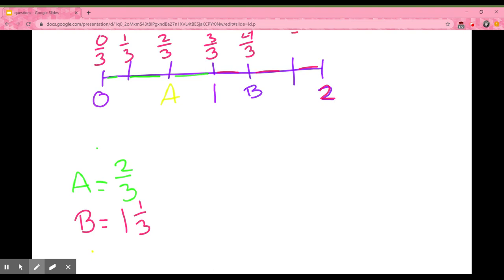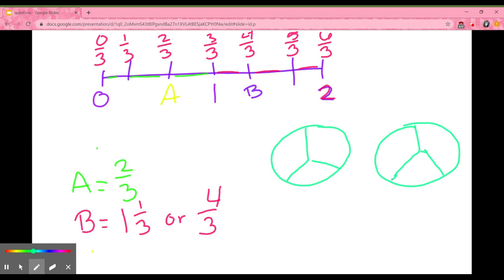And then the next one after that would be 5/3. And then this one would be 6/3. I'm going to draw you a picture in just a second to help understand what that means. But if we look at what B is, it can be 1 and 1/3 or 4/3.